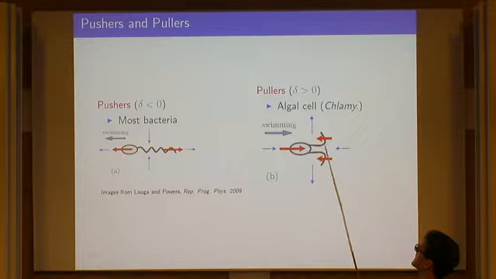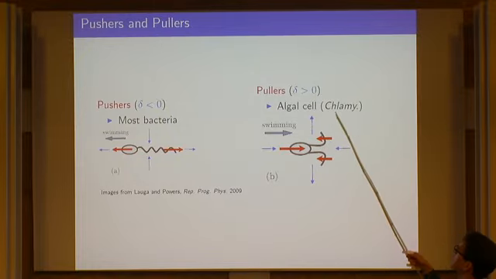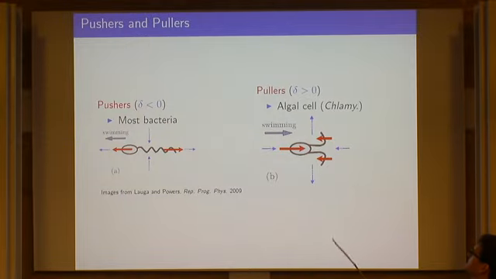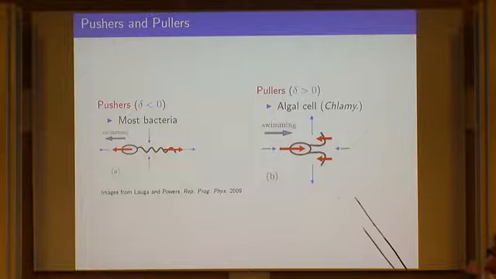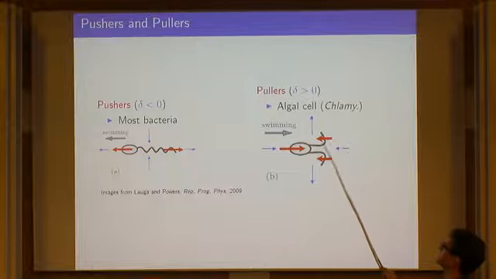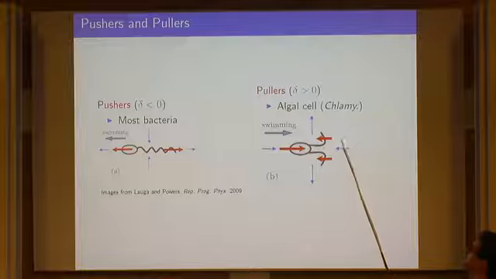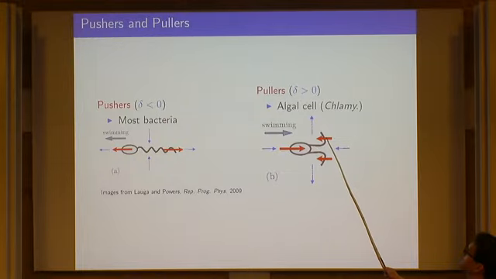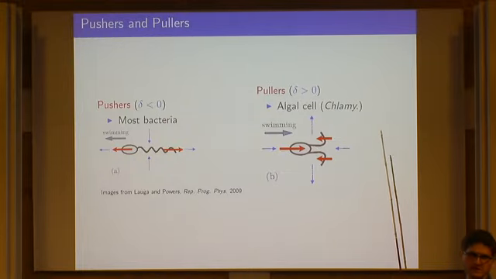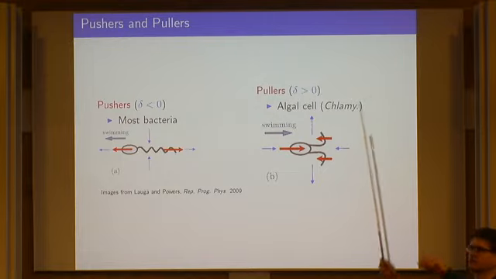And in a contrary sense, if you look at algal cells, such as the Chlamydomonas cells that Ray Goldstein's lab has been doing a lot of great work on, that we saw described in the first workshop, it's the opposite. It does a breaststroke with these little cilia, or flagella, in front of them. What they do is they actually pull the fluid in front of them back, so it's almost like they're trying to crawl.